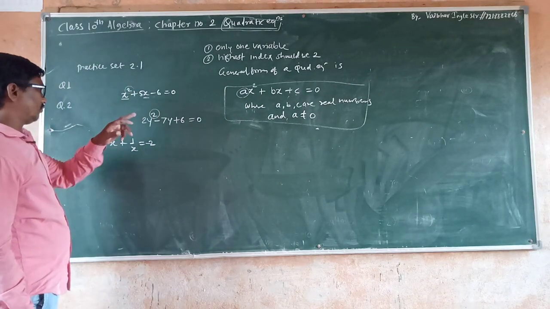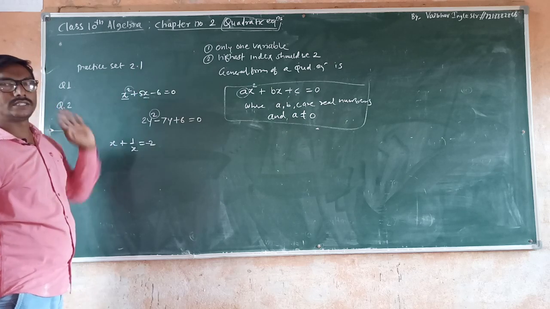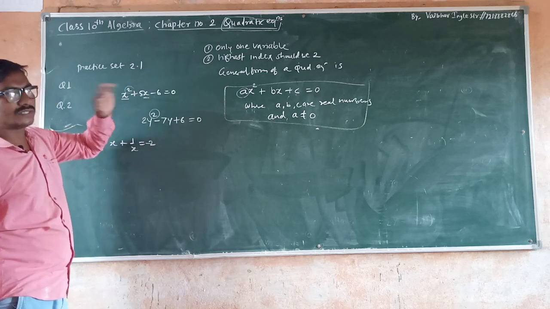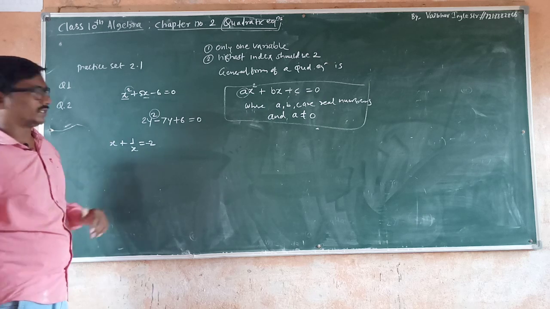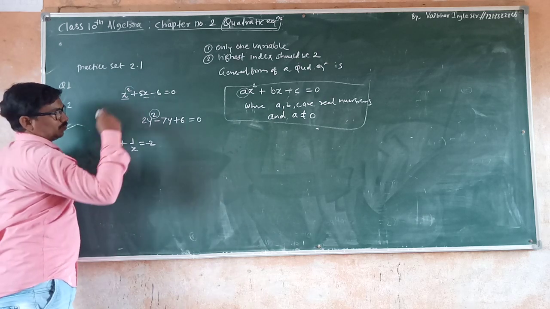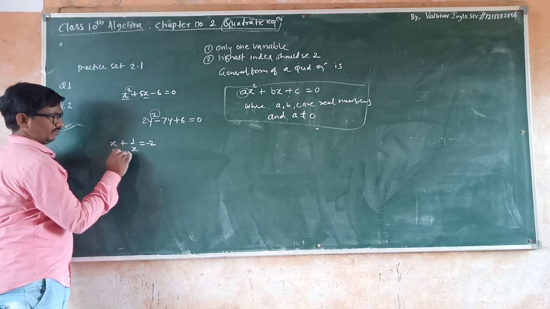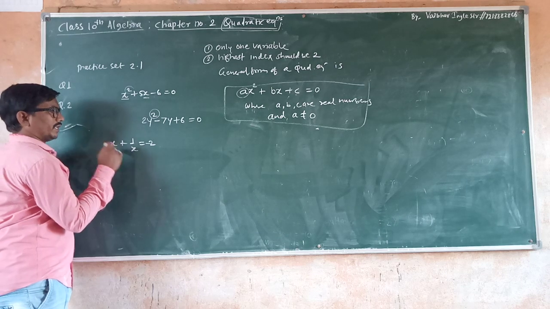Okay. Now we'll convert this into the general form, and then we'll go for the two conditions. If those two conditions are satisfied, then this is the quadratic equation. Now for converting this into the general form, we'll multiply this equation by x on both sides.